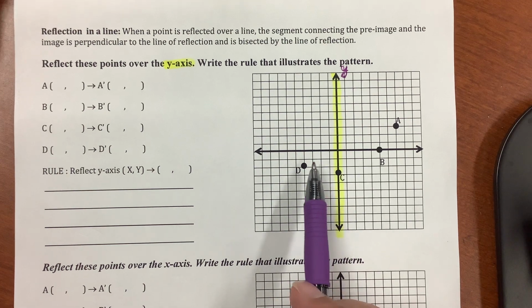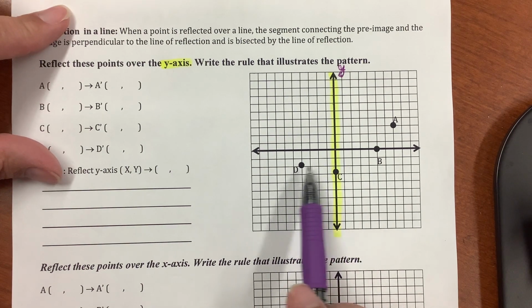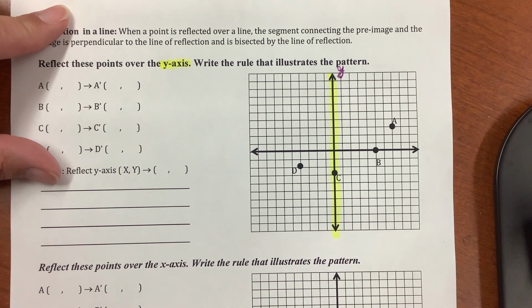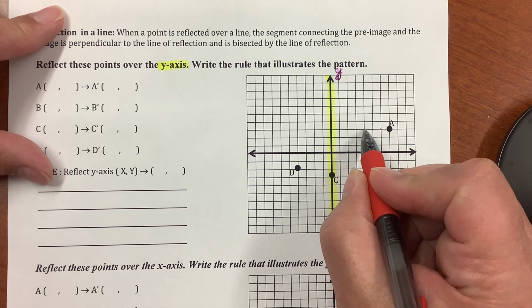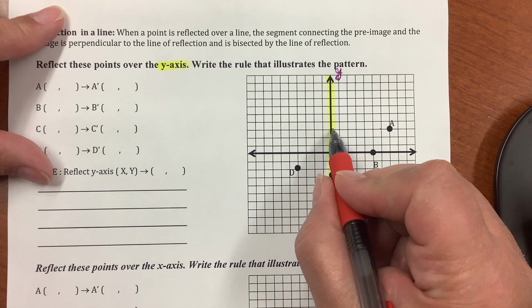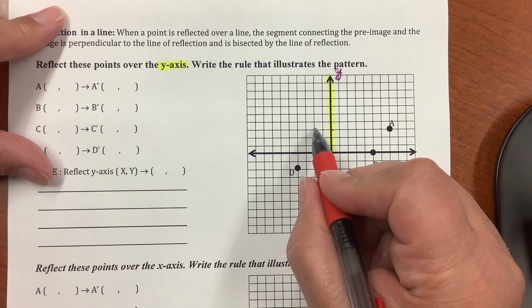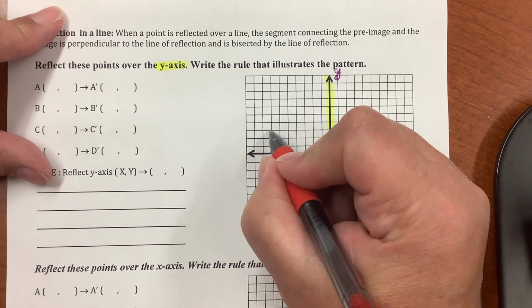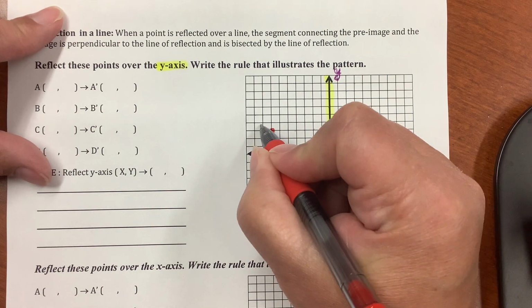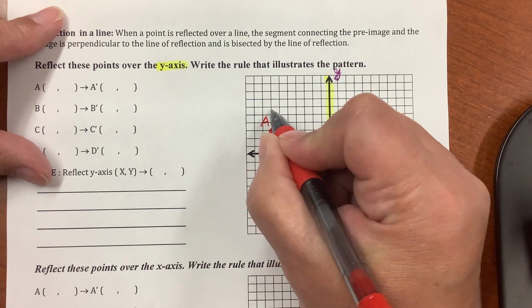There's a line segment connecting this point to its image. So let's start with A. It's 1, 2, 3, 4, 5, 6, 7 to the line, and 1, 2, 3, 4, 5, 6, 7 spaces on the other side to A prime.